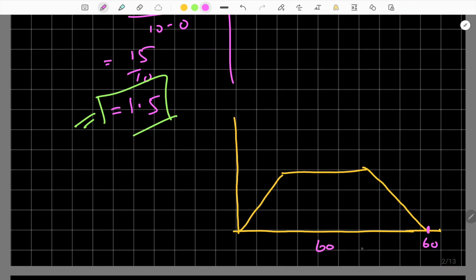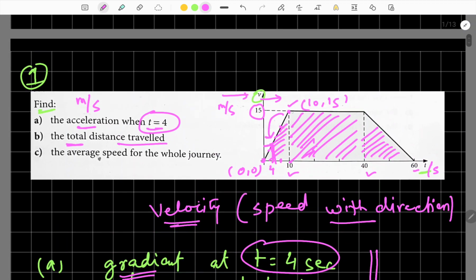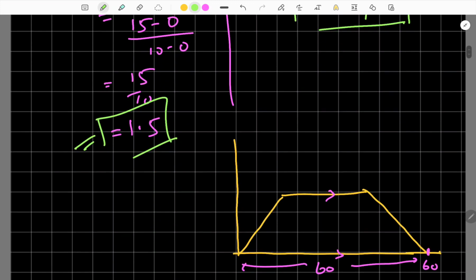So one of the parallel sides is 60. Any doubt? Let's take a look at the other parallel side. Okay. So beta, from this value till this value, tell me how much distance it is. So what is 40 minus 10? So this is 30. Any doubt? So the other parallel side is 30, right?